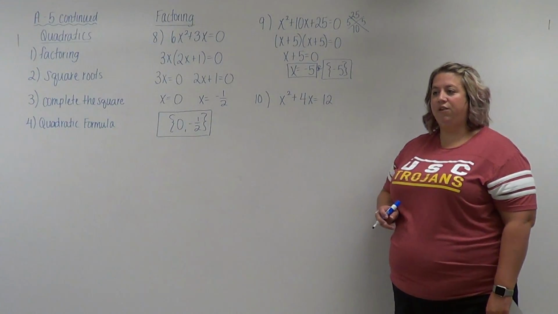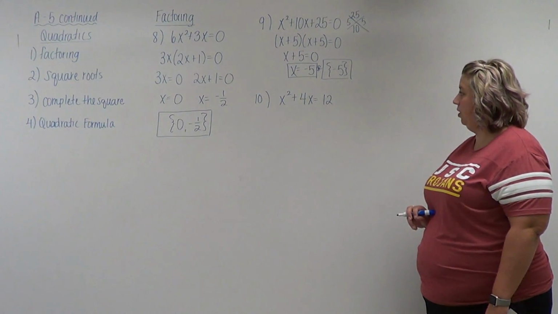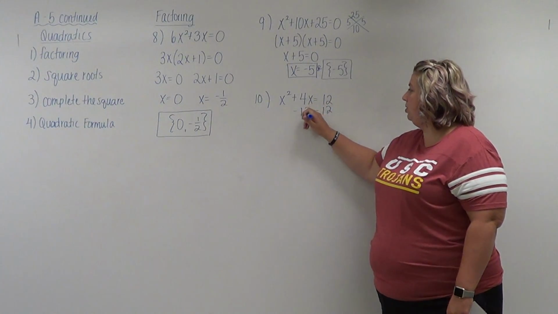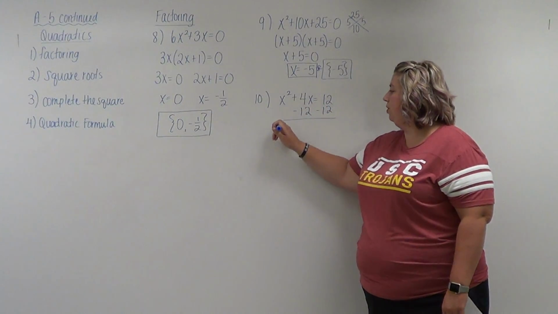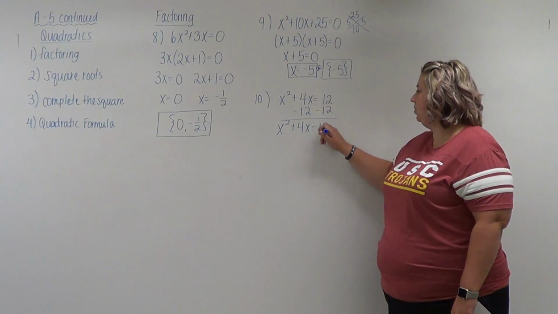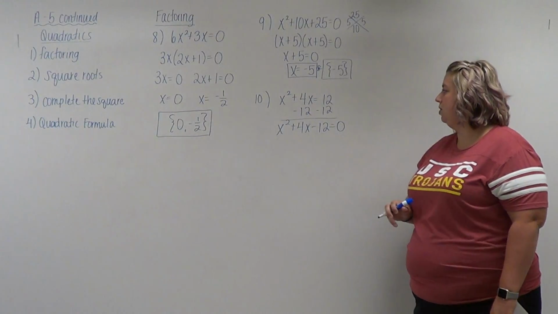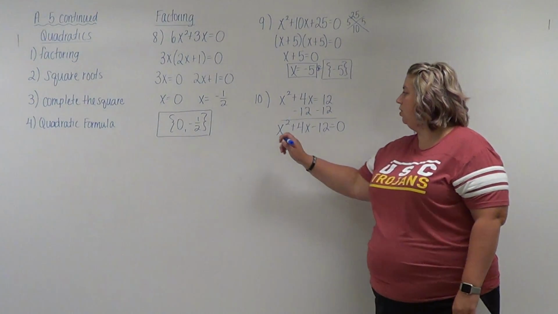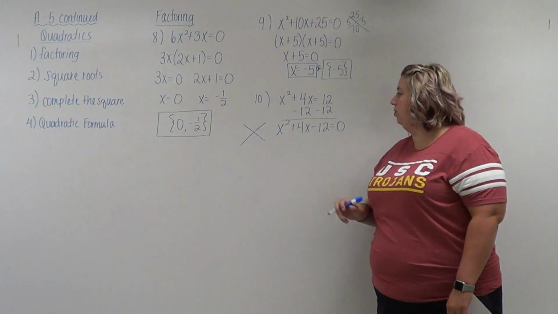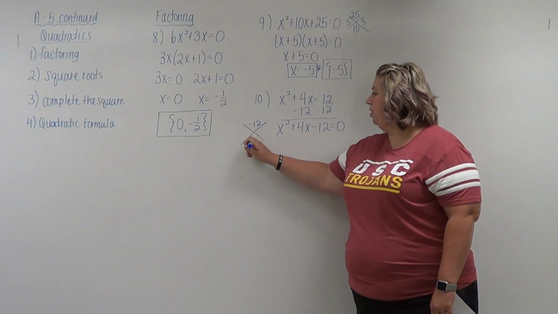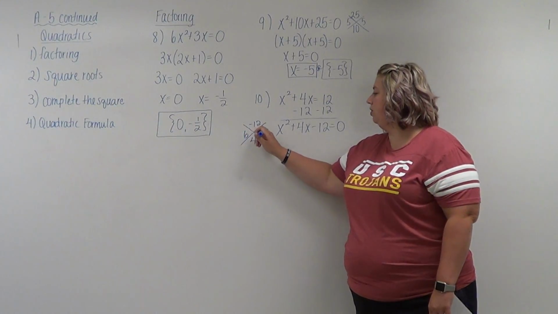Okay, on this one, the very first thing we do is we have to get it set equal to 0. So I like my x squared to be positive, so I'm going to subtract 12 from both sides. So I have x squared plus 4x minus 12 equals 0. Okay, it's a trinomial, so multiply to get -12, add to get 4.